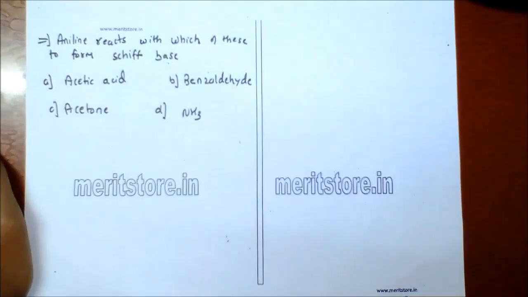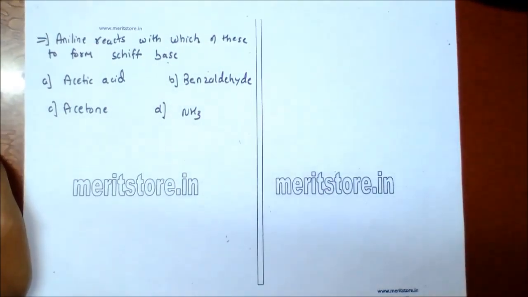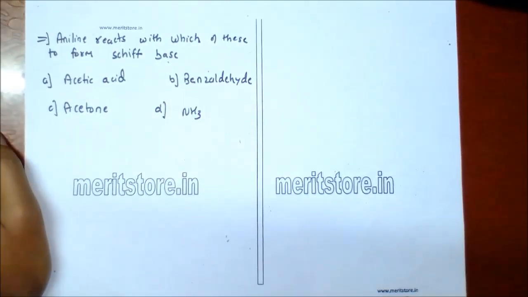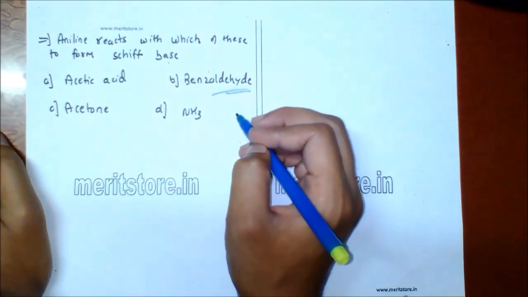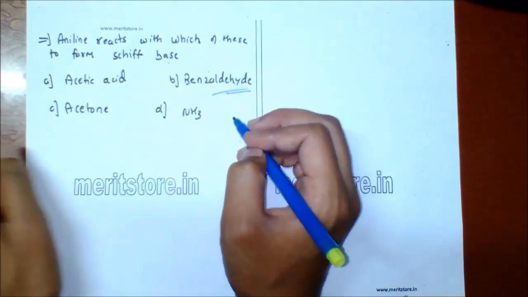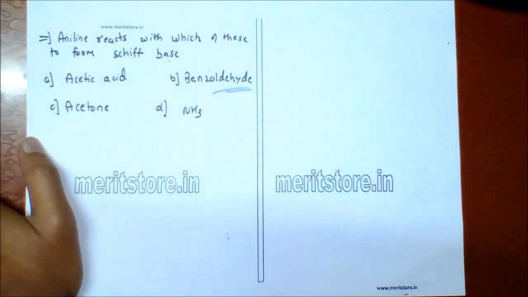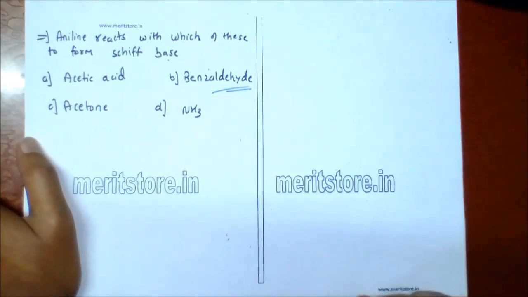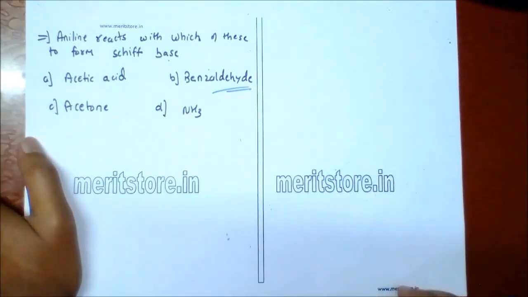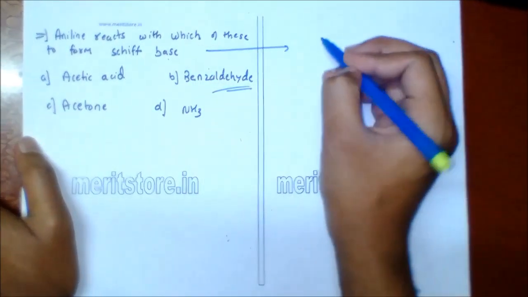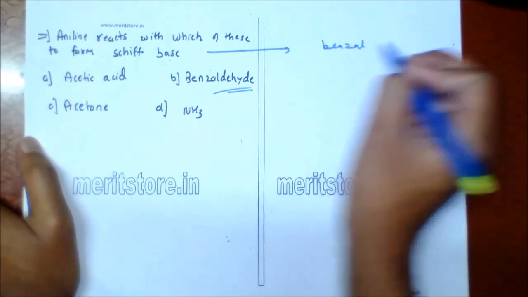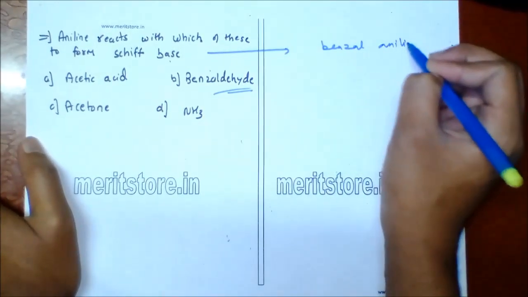Aniline reacts with which of these to form Schiff base? A. Acetic acid, B. Benzaldehyde, C. Acetone, D. Ammonia. Aniline reacts with benzaldehyde and forms Schiff base. Benzaldehyde is an aldehyde which reacts with aniline to form benzylidene aniline.